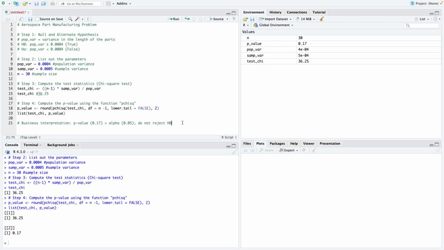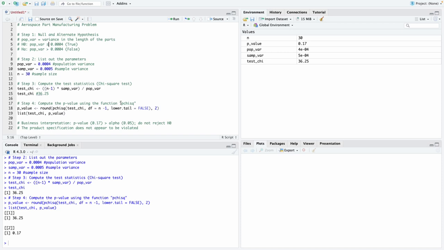Now we'll add that the product specification does not appear to be violated. Sorry, I put the wrong sign there. This should be less than or equal to.